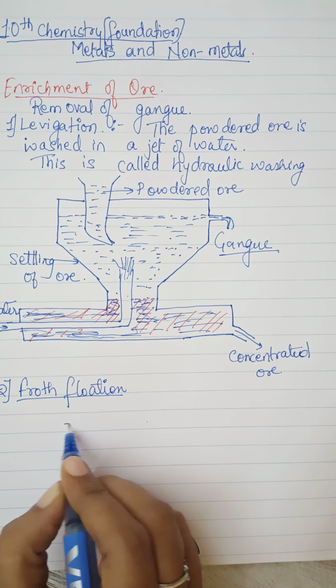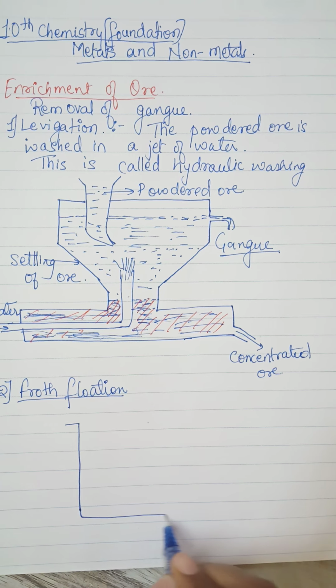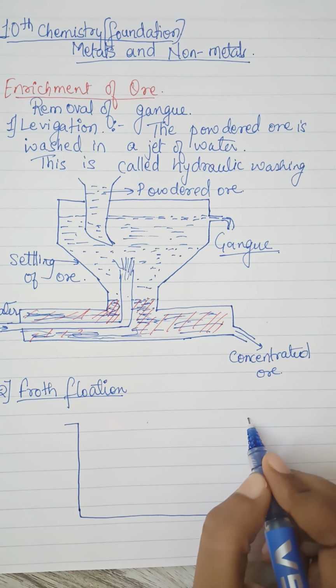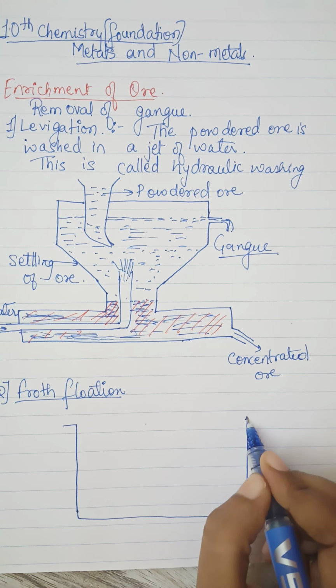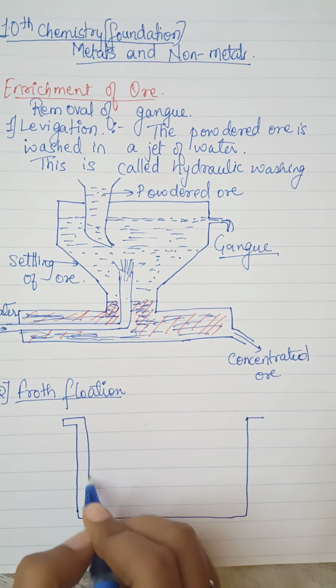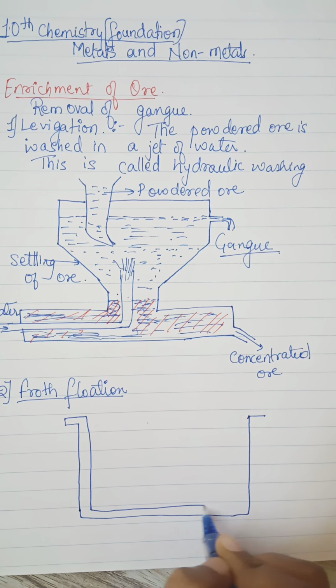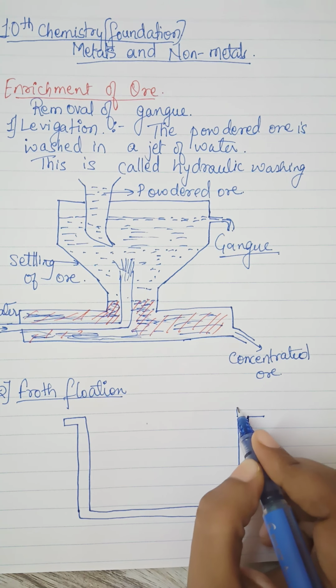The rest of the points can be written later, right? I'll just draw the diagram. Even if you don't write, it doesn't matter, I have already provided you the notes, right? Okay, so this is the container of froth flotation.